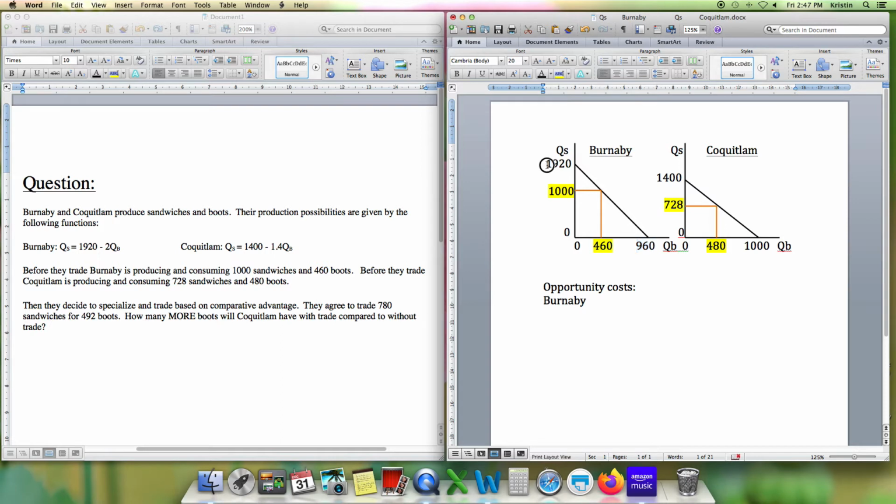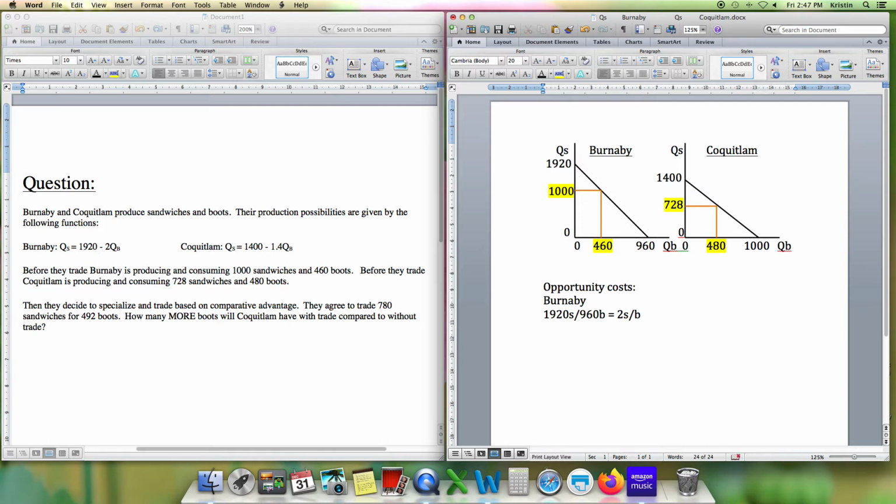So they would give up 1,920 sandwiches to get 960 boots. Then we simplify that, so that will be 2 sandwiches per pair of boots.